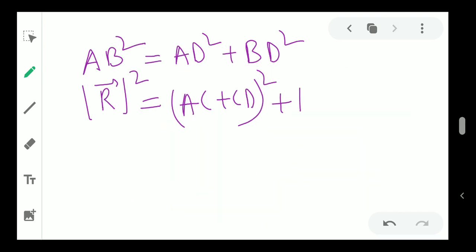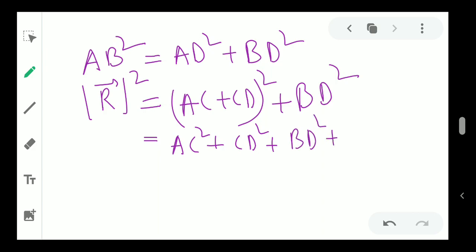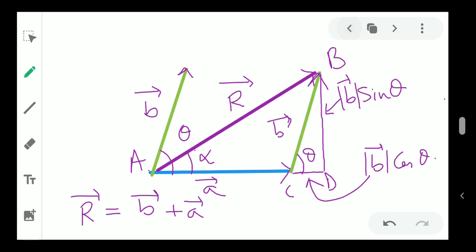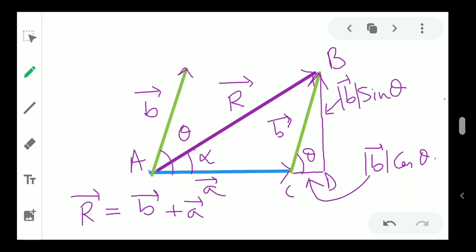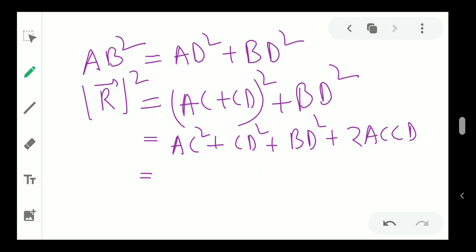Now I will split this. So I will see that AC square plus CD square plus BD square plus 2AC CD. Now BD square, that means B square sine square theta. First AC square. So AC square is A square.